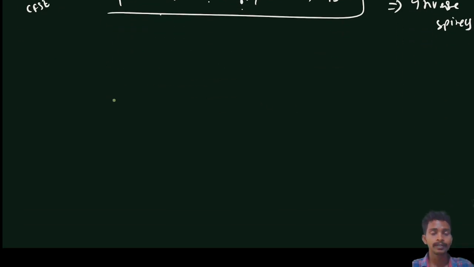Let's say on one side I am writing normal spinels. Before this, I said that wherever there are transition metal complexes, we consider the electronic configuration.